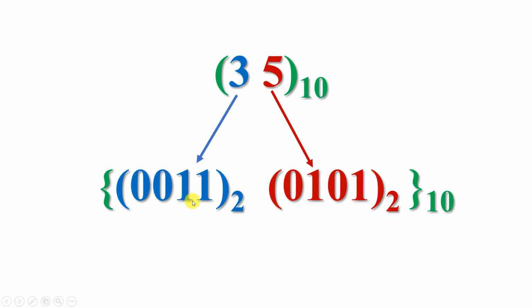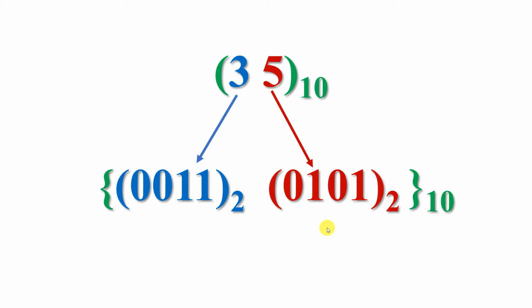So it is 0011 and 5 is 0101. So the number 35 can be represented as 0011 0101 in the base 10 system with each digit coded in the base 2 system. This is extensively used in microcontrollers to represent numbers.